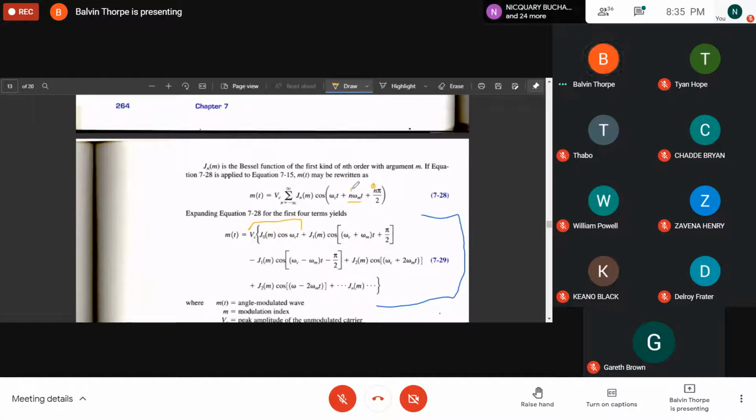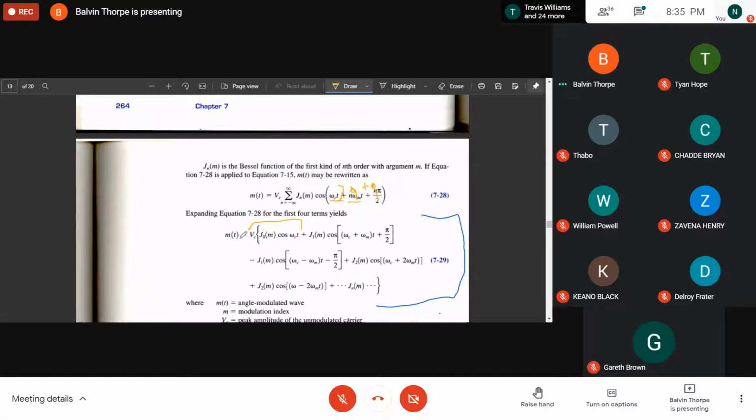Agree? Yeah. So 0 times anything is what? 0. So this term would go and this term would go, leaving just this term. That's all you would have left when n is 0.